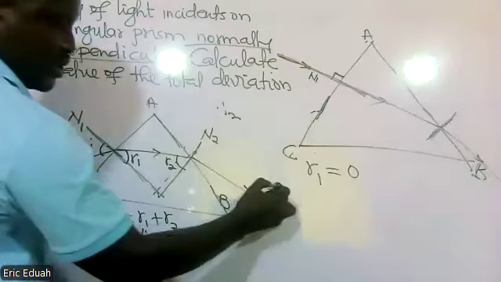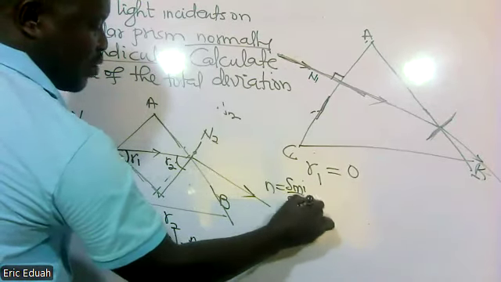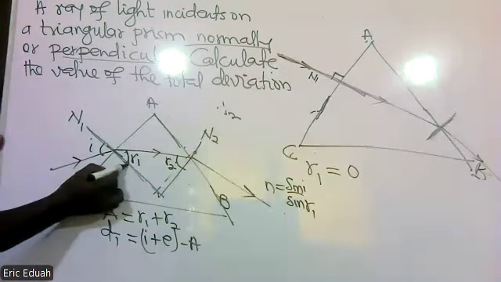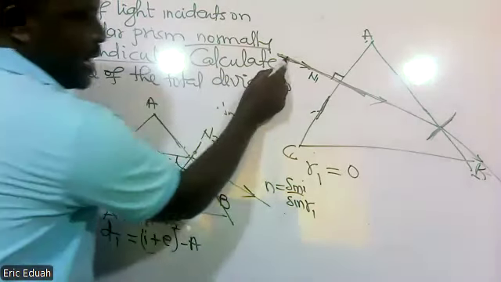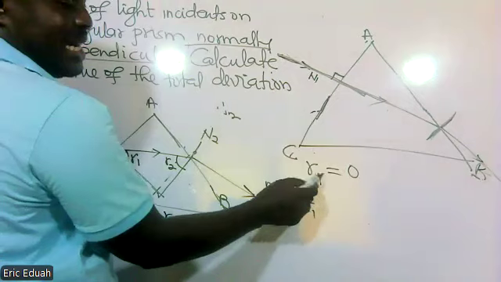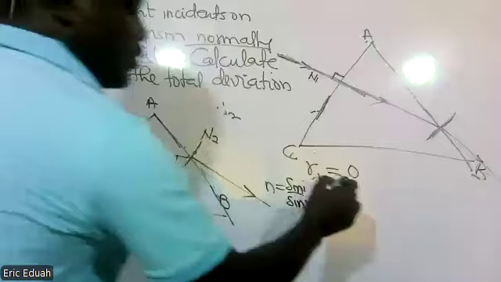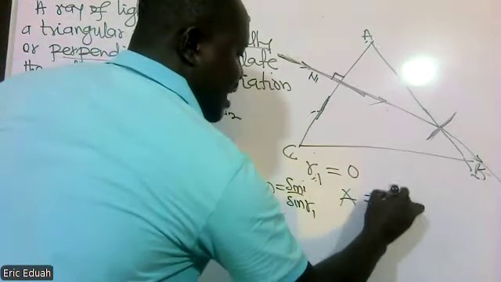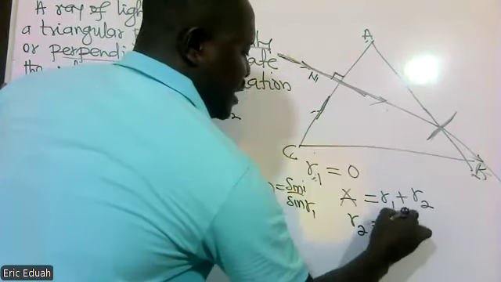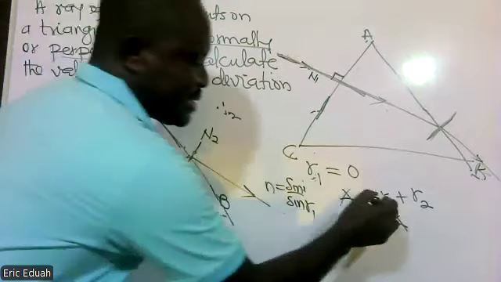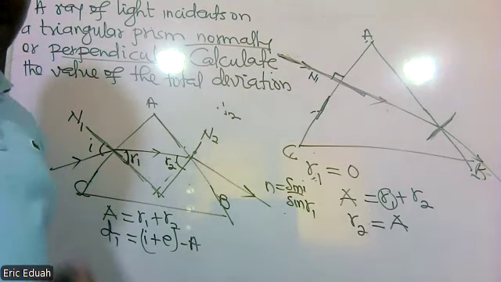So when you use Snell's law, sine I over sine R1, you can easily calculate this R1, provided you know I and N. But if it is not bending, then under this circumstance R1 is 0. If R1 is 0, then A, which is equal to R1 plus R2, means R2 is just equal to A. Class, I hope you are with me. Leslie, are you there?